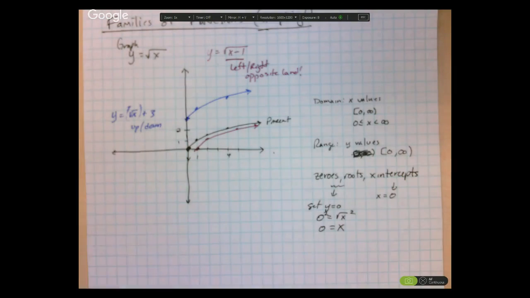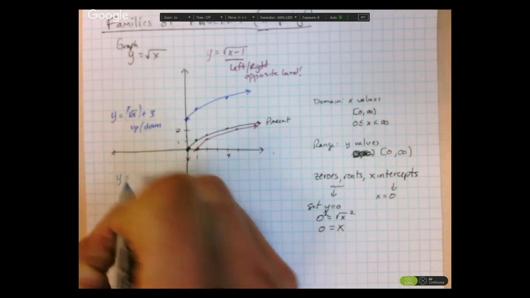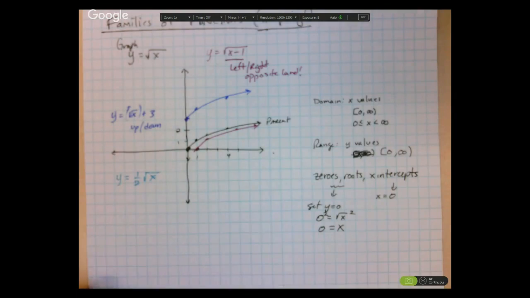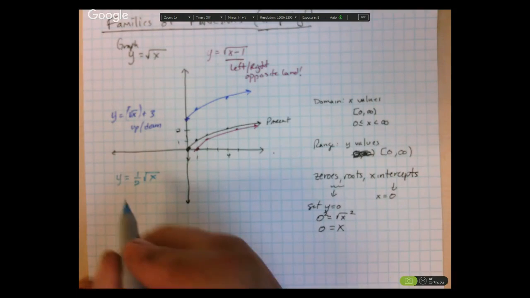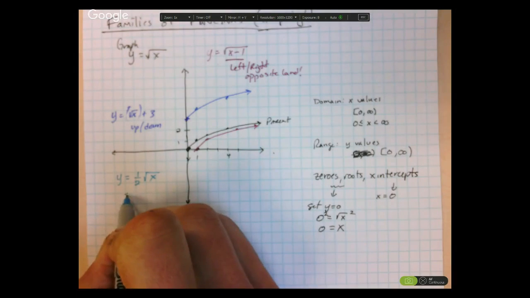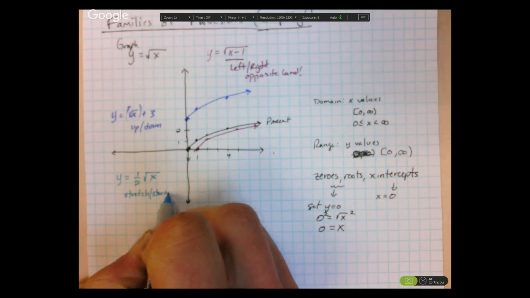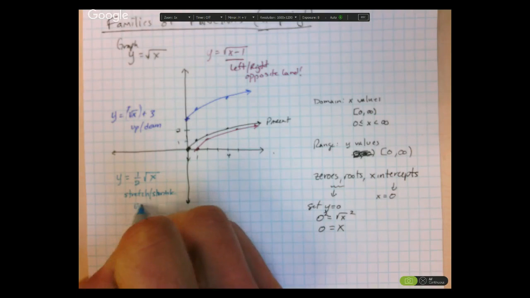What if we do y equals 1/2 the square root of x? Okay. That is a stretch or a shrink up and down.